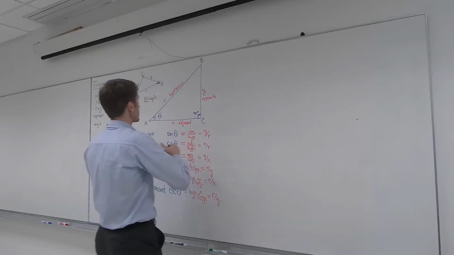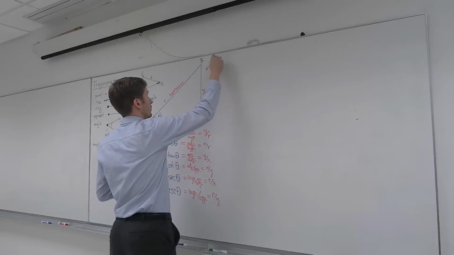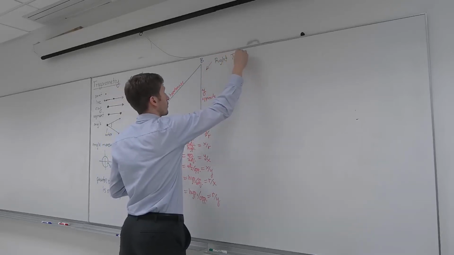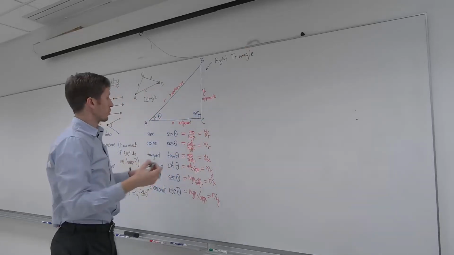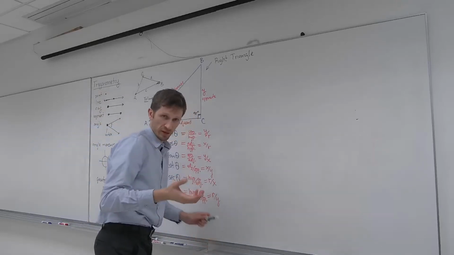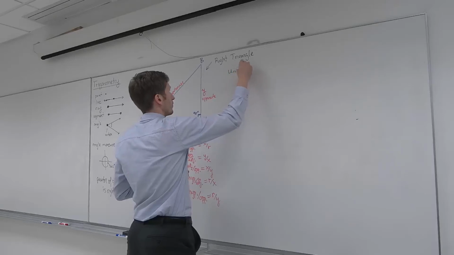But so this is the right triangle kind of trigonometry. Right triangle. And just as a heads up, we will talk about the unit circle. Now look, the unit circle, let me just use green for this for a moment. So green will be a unit circle. What is a unit circle?